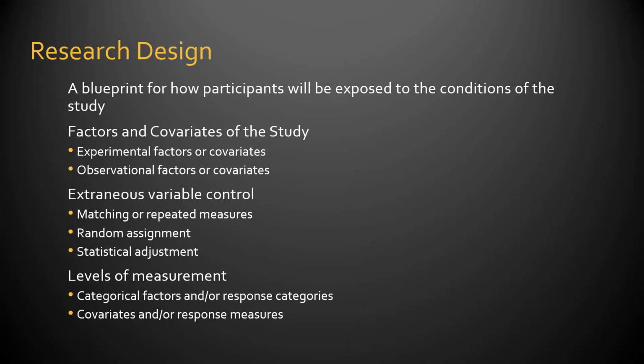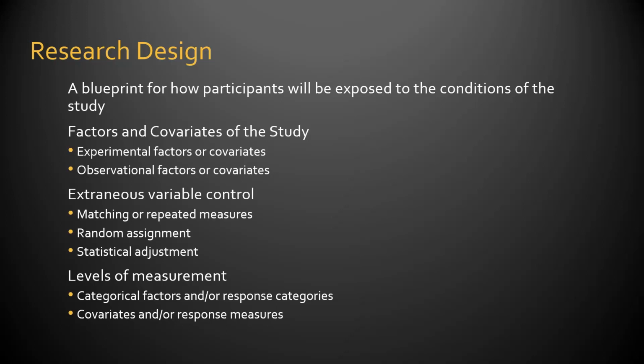Now be careful with that terminology because some people use the term covariates to mean that you're statistically controlling a variable, and I'm using it more generally here so that the covariate could be an explanatory variable as well as a statistical control variable.